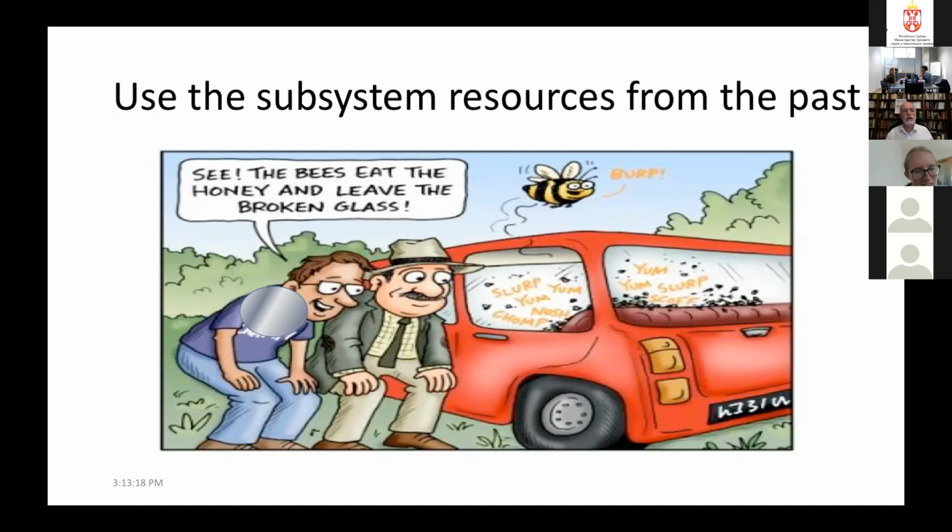And you just have this tiny piece of broken glass, you can get the vacuum cleaner and eliminate it. And then your final cost is very, very, very small. The trick is to use these resources from the subsystem from the past.